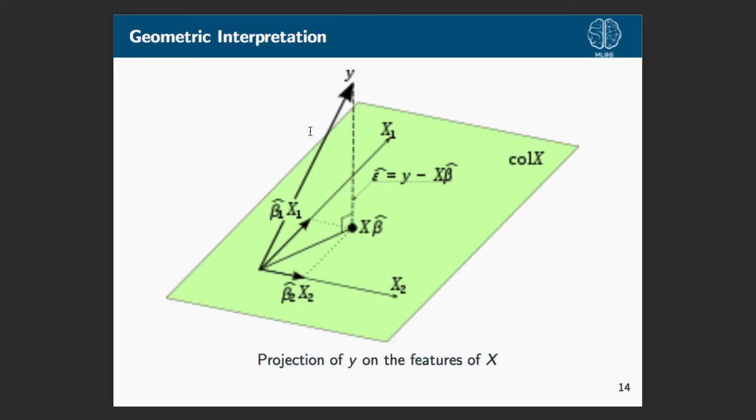So how do we get as close to y as possible while remaining on the data field? Does anyone know? Exactly, you just project y down onto the column space of x. Does everyone see why that is? You just project it down.